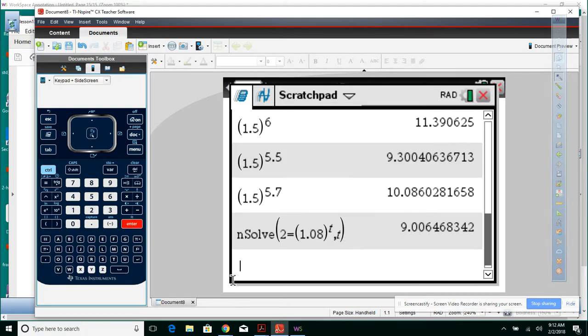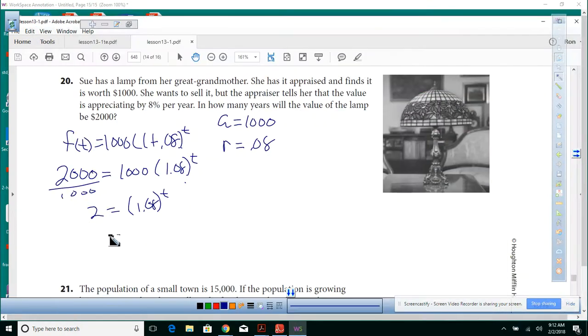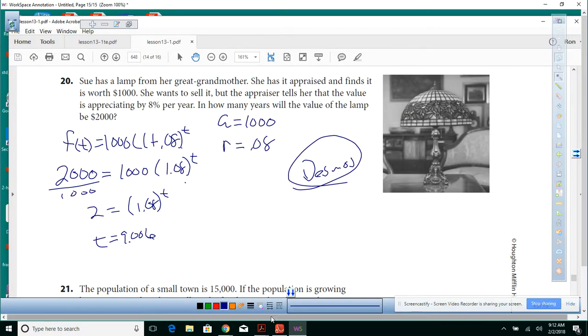We got 9.006. Okay, so T equals 9.006. You can do it that way. You can also use Desmos. Desmos is on your Chromebooks. Don't forget about Desmos, and then you can graph it. You can graph it like we did just a second ago.